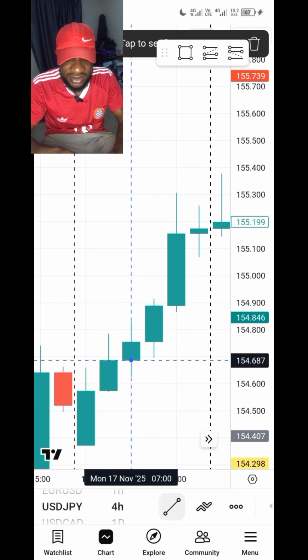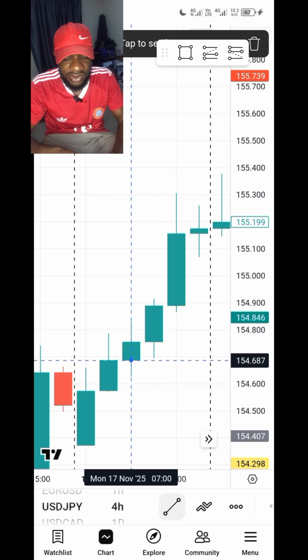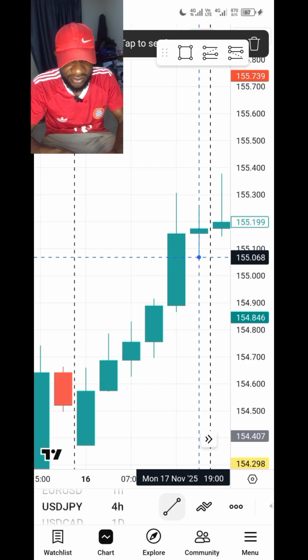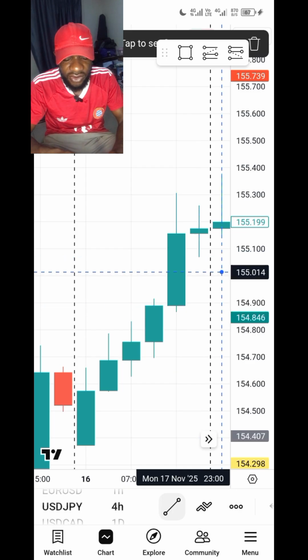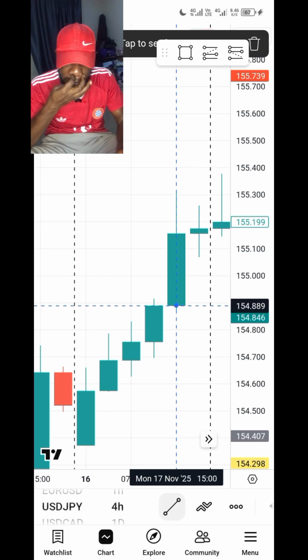So now this is a trend. When you go to a lower time frame like 15 minutes, you'll be able to get the lows of 15-minute candles and catch this move. But when you are trading the 4-hour time frame, you wait for all the lows here. Once the lows are sticking out and price comes below each of these lows, then you take your entry.